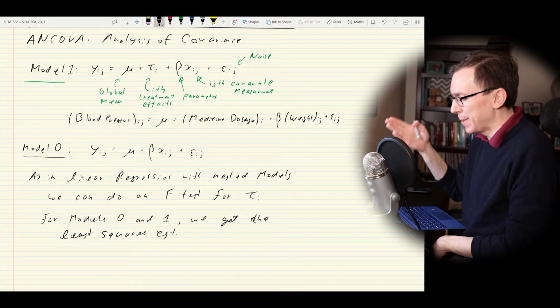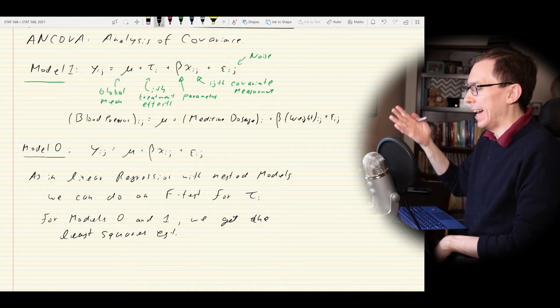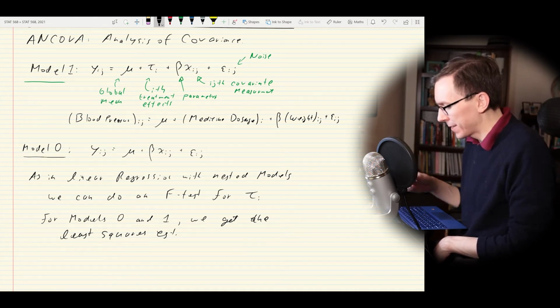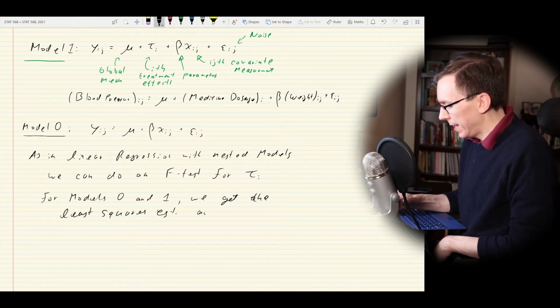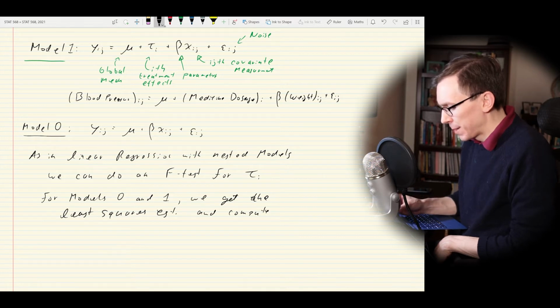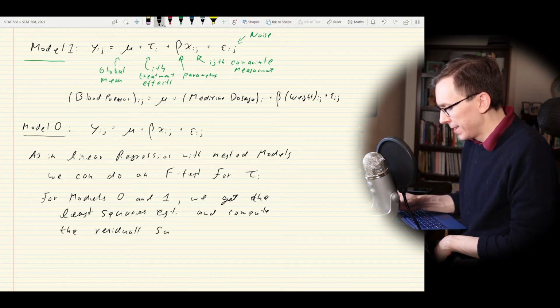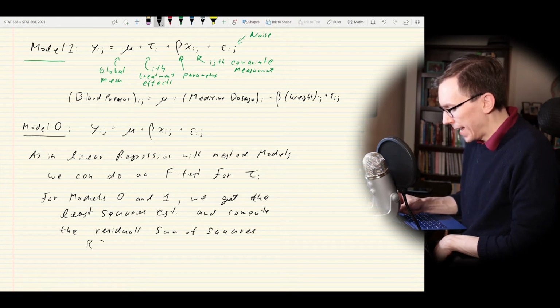But in this case, it would be beta hat and also mu hat and tau hat, specifically for model 1. So we would get our least squares estimator and compute the residual sum of squares for each, which we'll denote as RSS0 and RSS1.